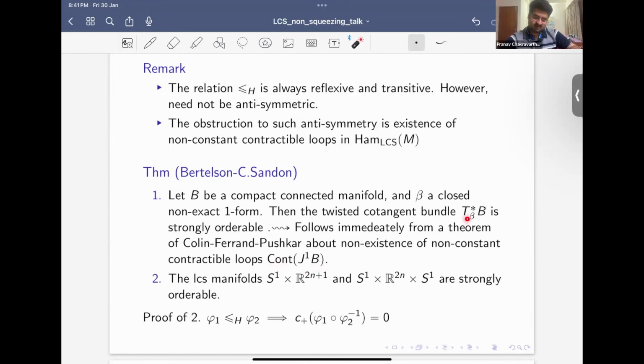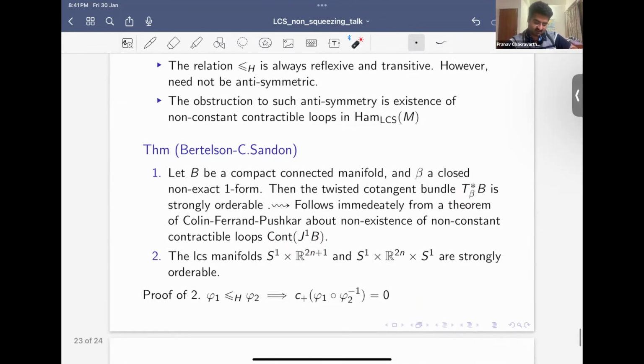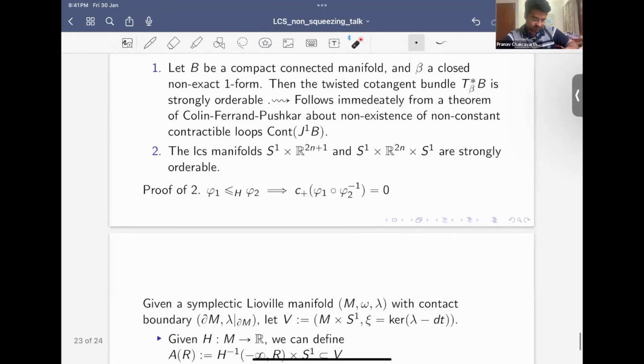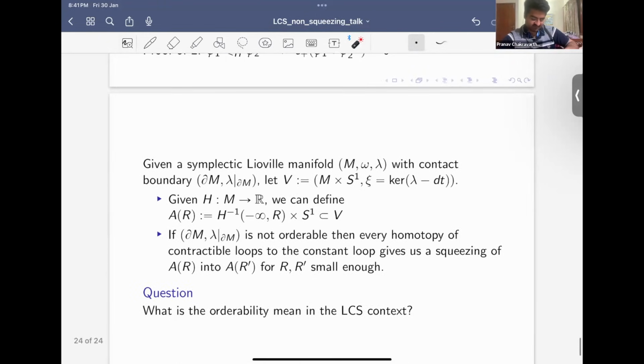So if there were such loops in the twisted cotangent bundle, you could lift them to the jet bundle, and that would give you a contradiction with their results. So that also tells you that the twisted cotangent bundles are strongly orderable.